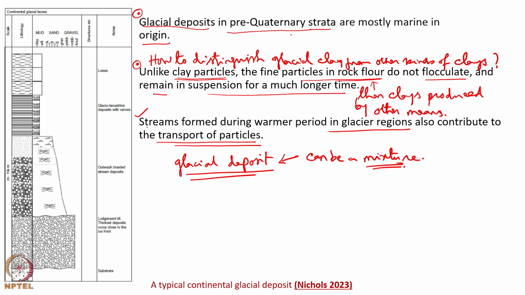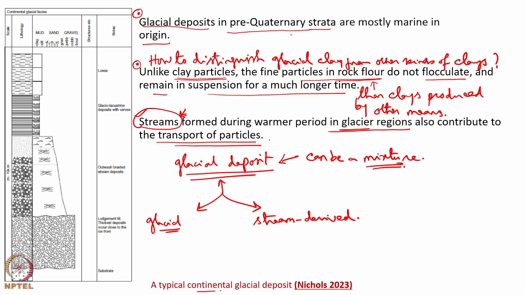Therefore, some of the particles can be deposited by streams. So, in a glacial deposit that we are studying, we can find two kinds of deposits, glacial and few are stream derived. During the warmer time of the year, the glacier may melt and streams can develop. These streams also can transport particles and can deposit at places.